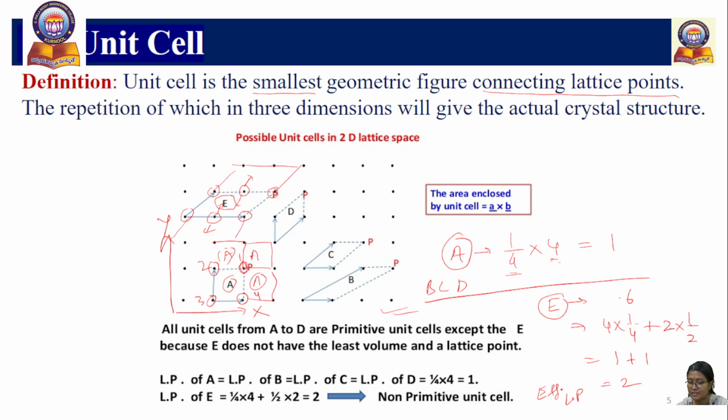So A, B, C, D are known as primitive unit cells, whereas E is known as a non-primitive unit cell. This is true for two-dimensional unit cells as well as three-dimensional unit cells. Next, in our syllabus we have to discuss three-dimensional unit cells. This is just for simplicity at the beginning, we are taking the simple example.